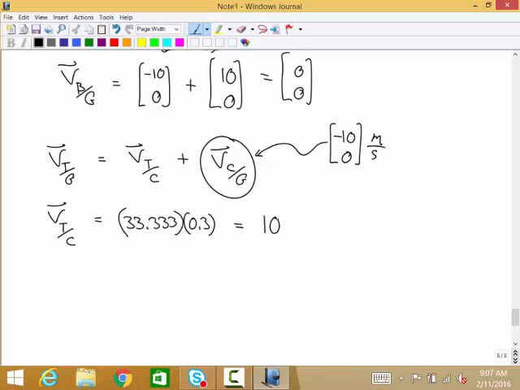So that's 10 meters per second. And let's see, it's rotating this way, so this velocity is to the left.